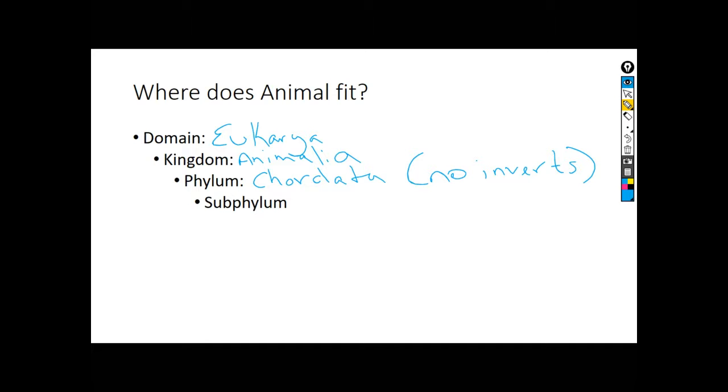Okay, so we haven't specified anything about our actual detailed vertebrates yet. We're just getting rid of all of the inverts. And we'll talk about what the difference between a chordate and a vertebrate is in a few minutes.